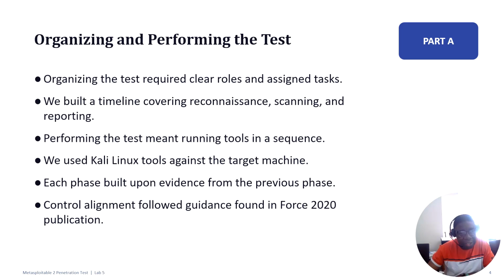This kind of phased approach helped me stay organized and make sure I wasn't skipping steps. I also tried to keep my process aligned with the control guidelines from Fox 2020, particularly around documenting and managing changes as I tested.